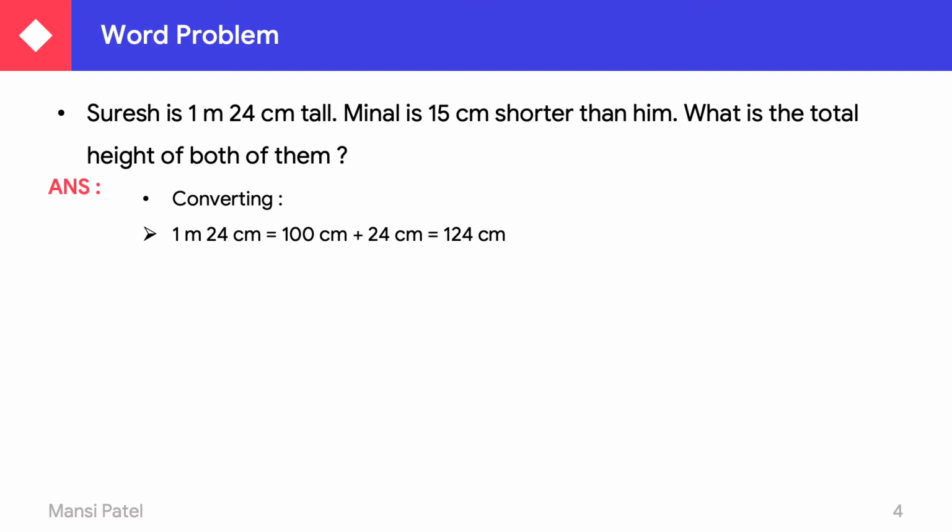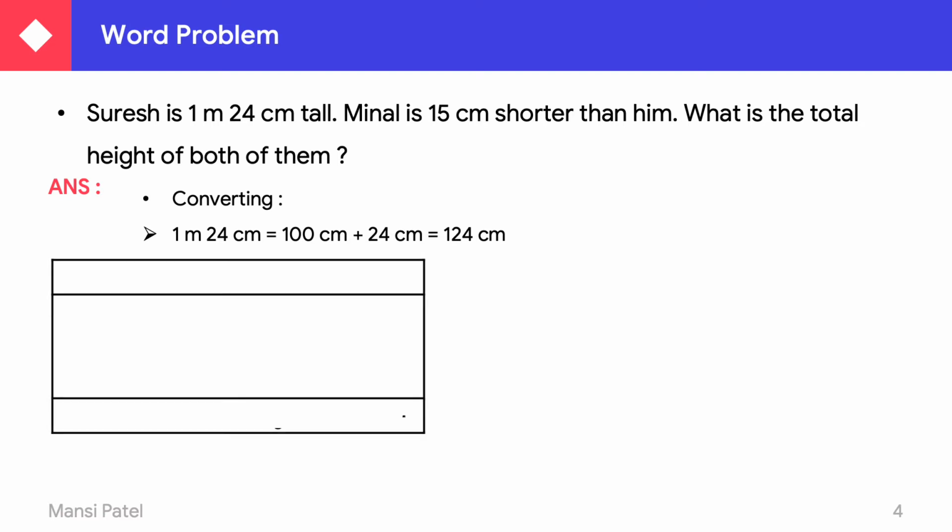After that, your next step is to find out the height of Minal. How can we find out the height of Minal? First you draw one table. Then on one side centimeter, on another side the statement. Then write down the height of Suresh. Height of Suresh is 124 centimeter. From this, just subtract Minal's... not Minal's height.